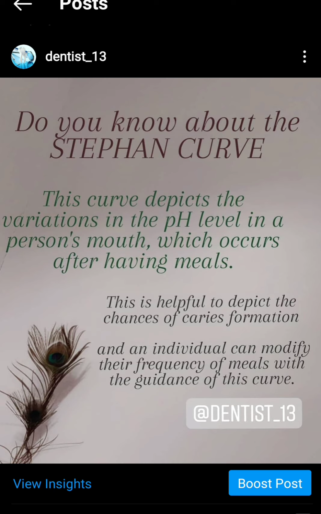This could be done by the dietitian and even the dentist who is consulting a patient regarding the modification of the diet to control or decrease the chances of caries formation.